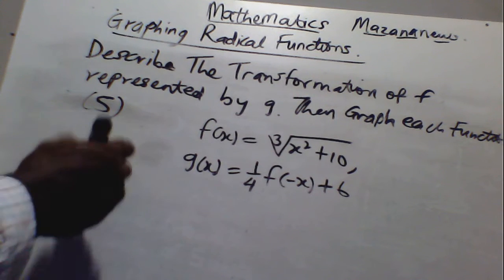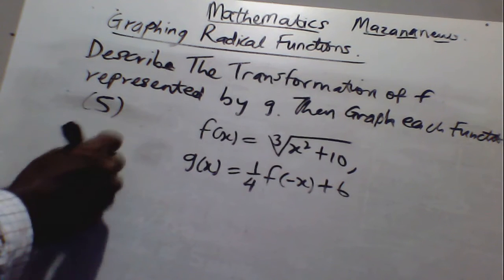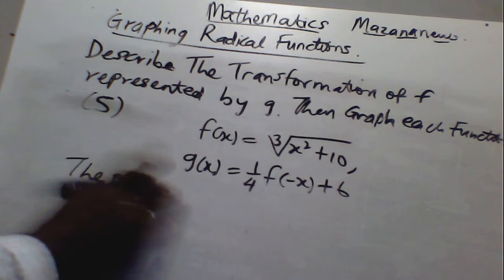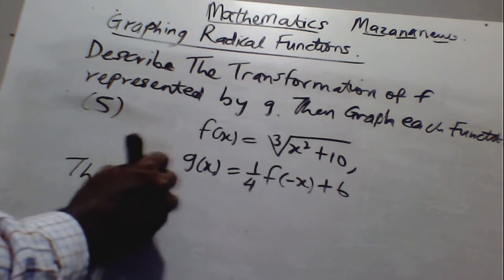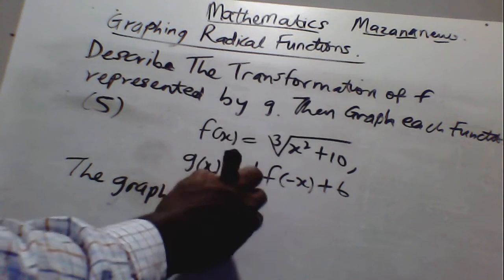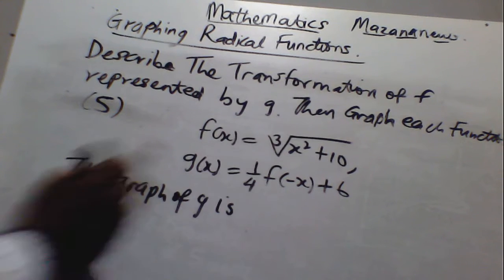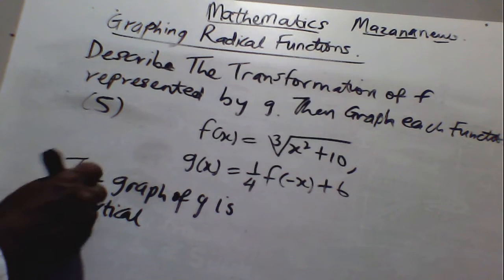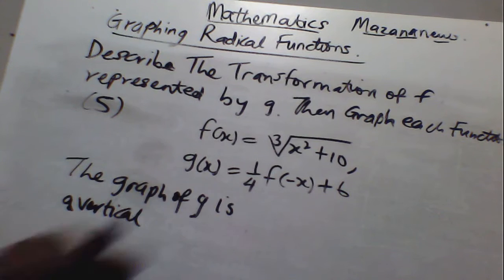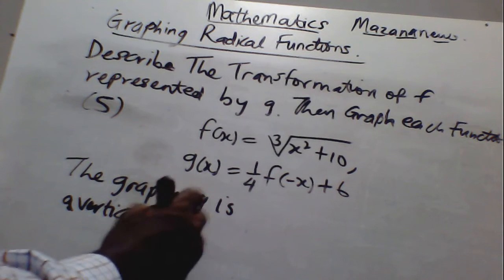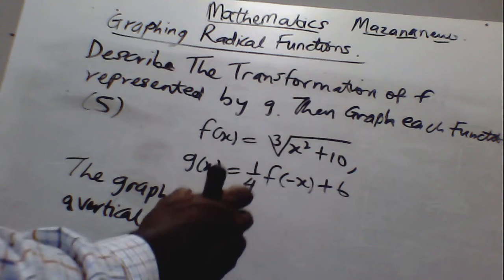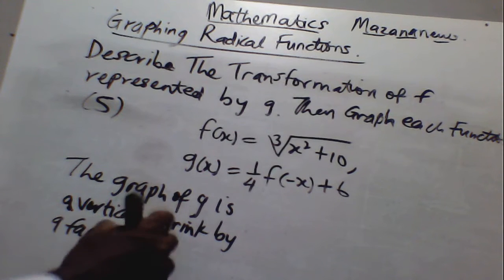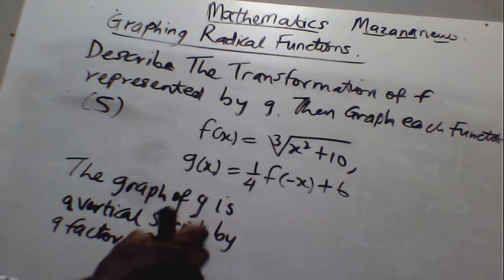So we can start by saying the graph of g is a vertical shrink by a factor of 1/4 unit.